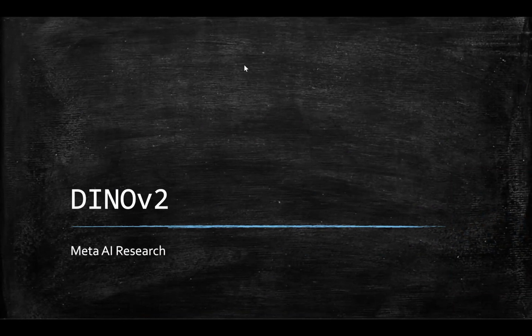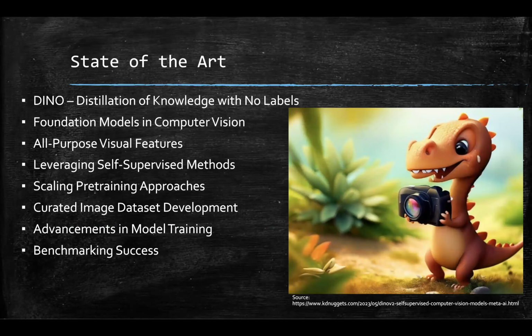Okay, DINO stands for distillation of knowledge with no labels. This is a whole different concept which relates to a method of training models, particularly in computer vision, using a self-supervised learning technique. In self-supervised learning, a model is trained to understand and predict parts of the input data without the need for explicit labeling.